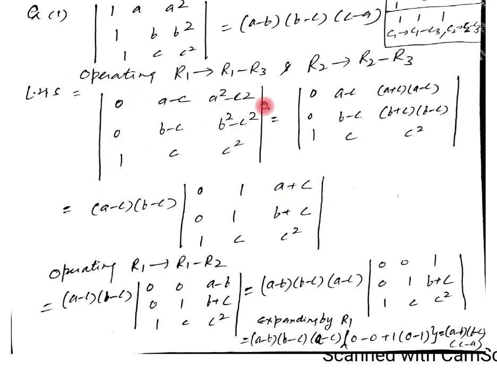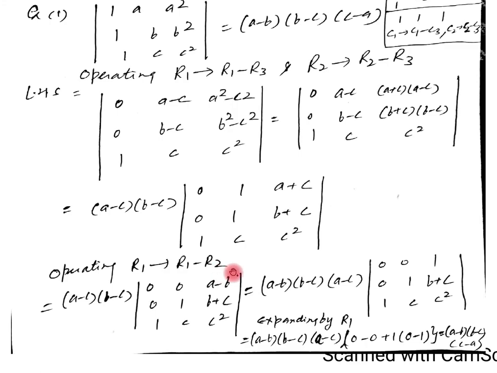Again we take a minus c common from the first row and b minus c common from the second row. We can take it out like this. Is it clear? Now we have the maximum number of zeros in the first column. But further we can simplify this determinant by operating R1 to R1 minus R2. So we get the third factor a minus b when we apply this operation.